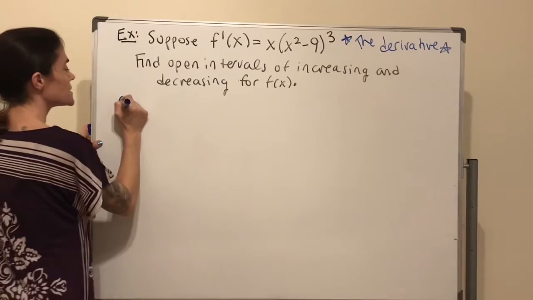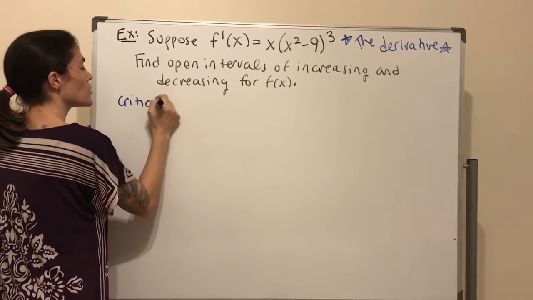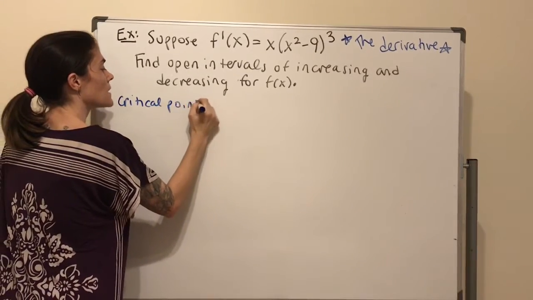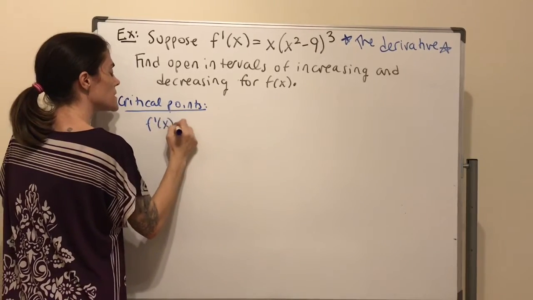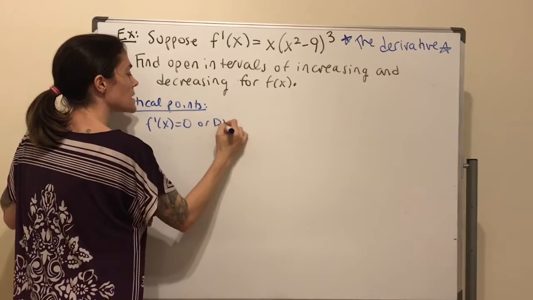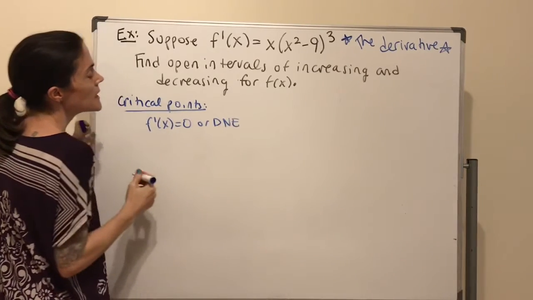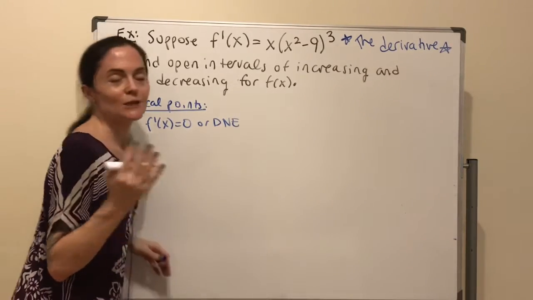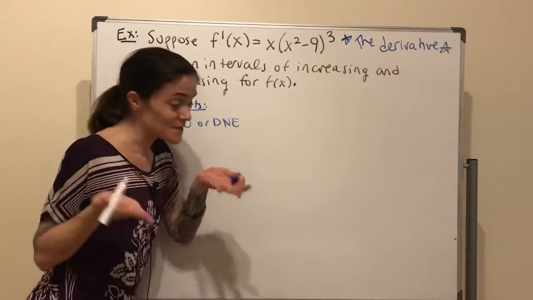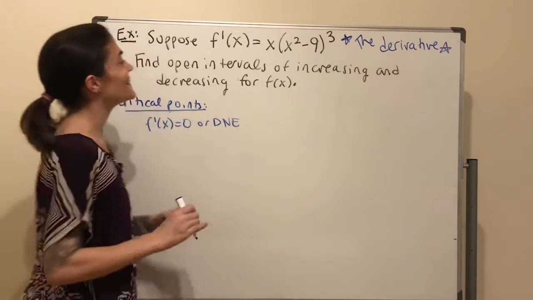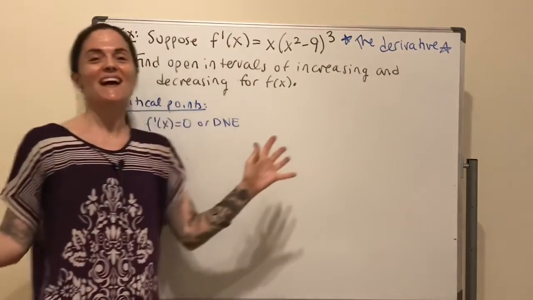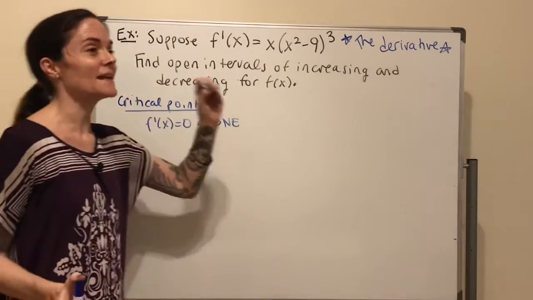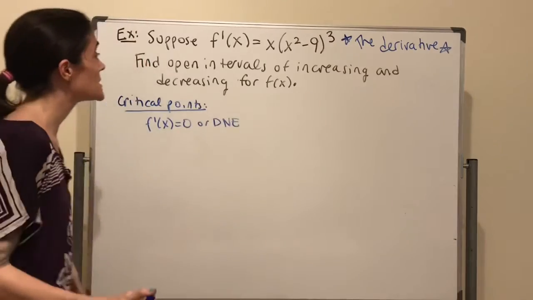Well, the first step, we want to find critical points. We know this is where the derivative is 0 or does not exist. Okay? Well, look at the derivative. This is defined on the whole real line. Okay? I can only assume that the function is defined on the whole real line, right? So the natural domain here is all real numbers.